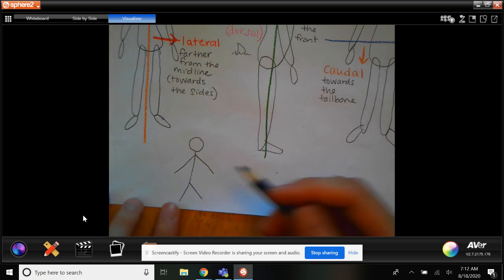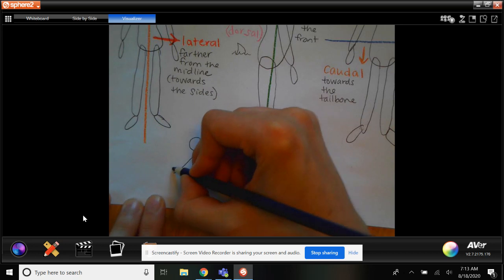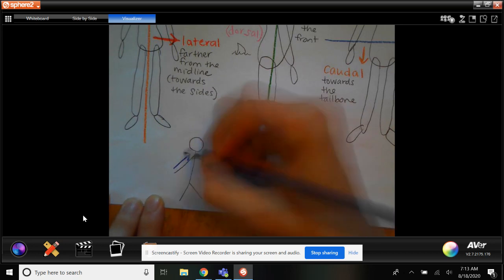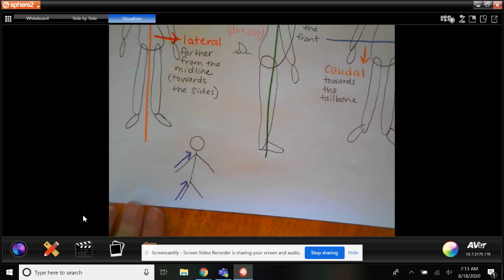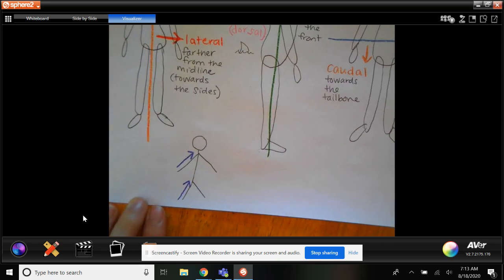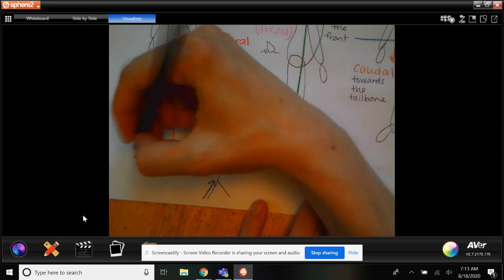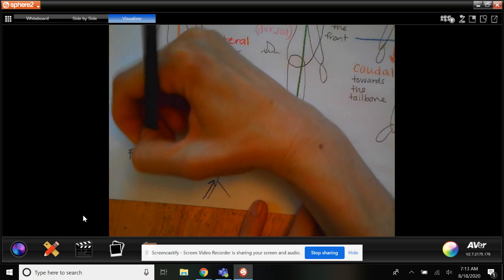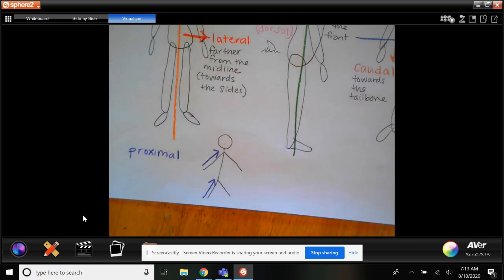And they have a particular vocabulary word for those ideas. So for arms and legs, again, this word only works for your limbs. There's a word that means closer to the shoulder or hip. The word is proximal.